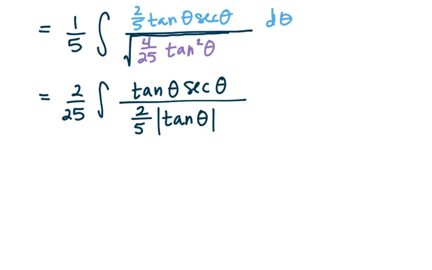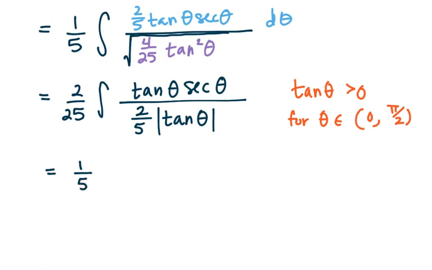However, we are specifying that tangent theta is greater than 0, or positive, for any theta that's in the open interval between 0 and pi over 2. So we're specifying that we're only going to be dealing with positive numbers, so we don't need those absolute value bars. Pulling that 2/5 out in front, that's going to simplify to 1/5. 2/5, the reciprocal, would be 5 over 2.